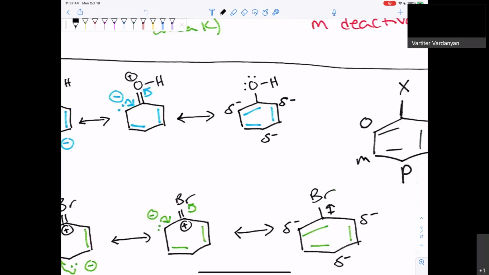So the next group will add ortho para because those are the most nucleophilic spots. So I'll repeat, the ortho and para positions are the most nucleophilic spots. For now, no, we're going to forget about steric hindrance.